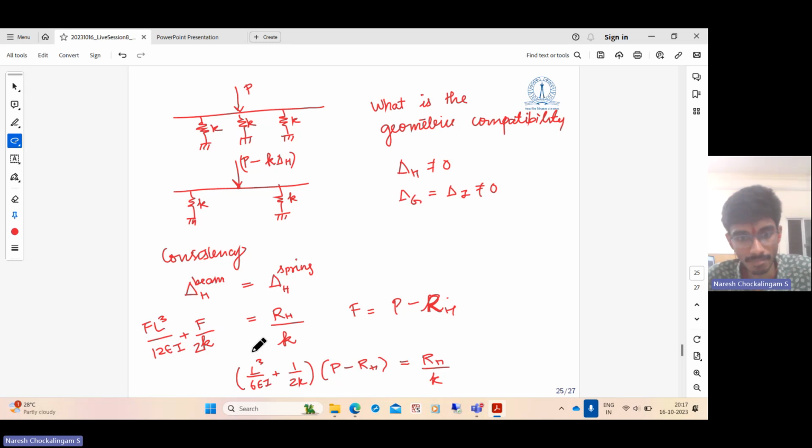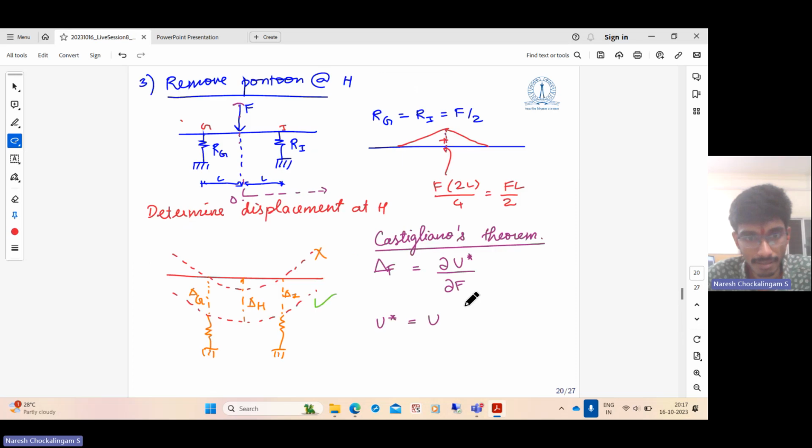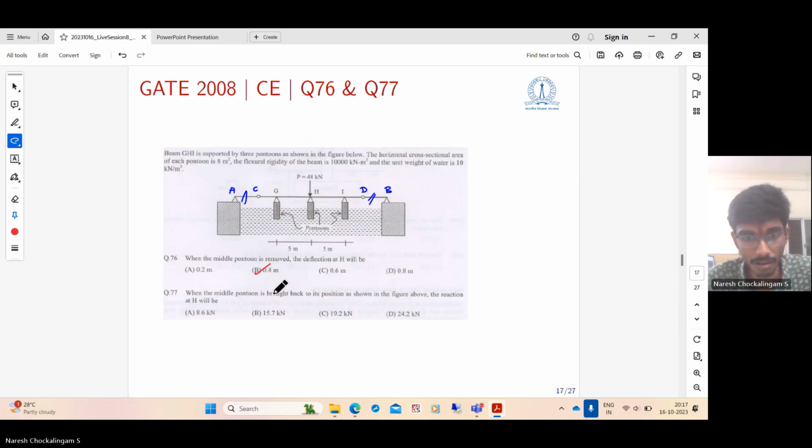This is a constant. All the parameters are known on the left hand side. And here 1 by K is known. So just rearrange. We get RH on rearrangement as 19.2 kilonewtons. You just substitute all your values. So that is an option. Option C.